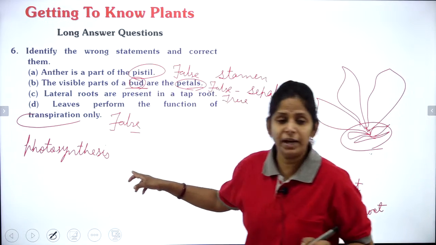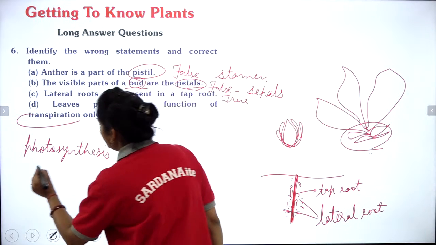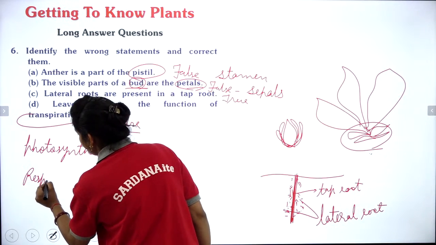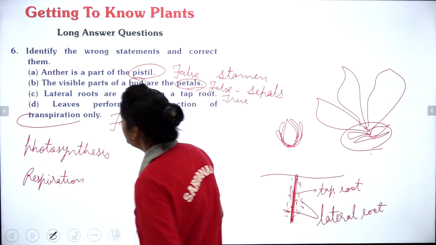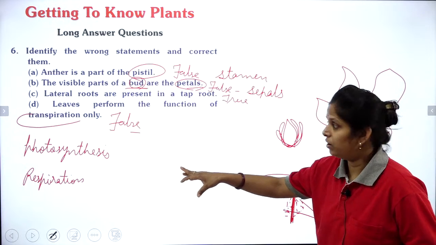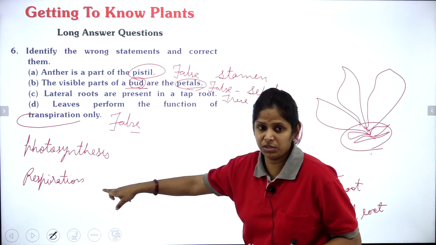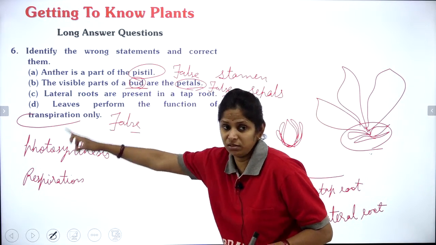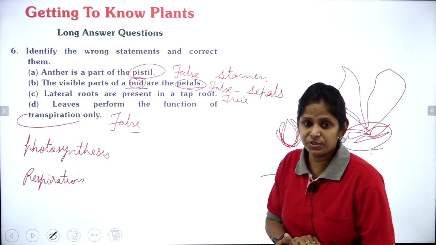This is carried out by the leaves. And one more activity performed by leaves is respiration. So you can see here leaves perform three main functions: transpiration, photosynthesis and respiration. So how can you say it is true? Not only transpiration, these three functions are carried out by the leaves.